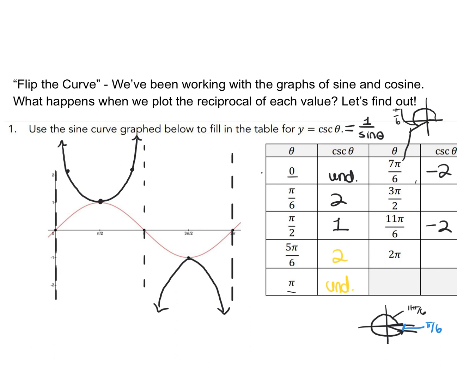That's where the angle lives. So that's going to be -1. And then 2 pi is going to be 360 degrees. That's going to be undefined. So these values here correspond to this part, and then these values correspond to this part.